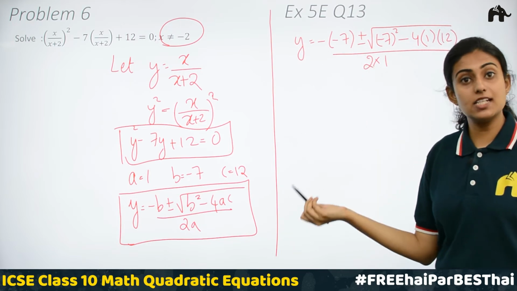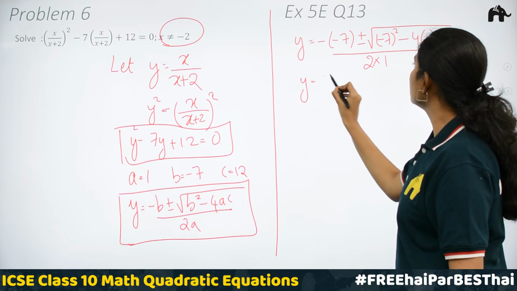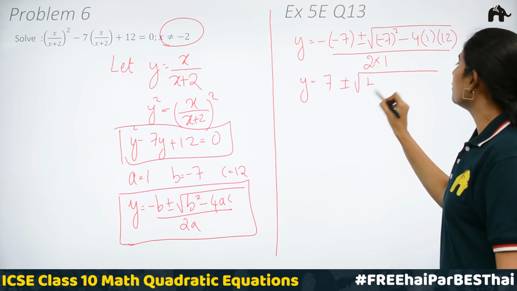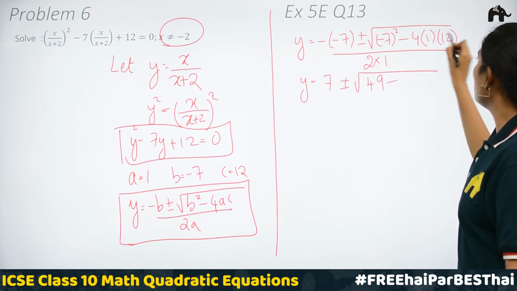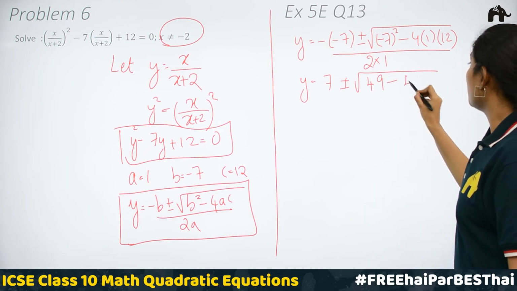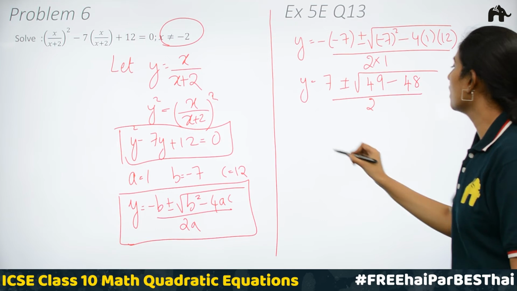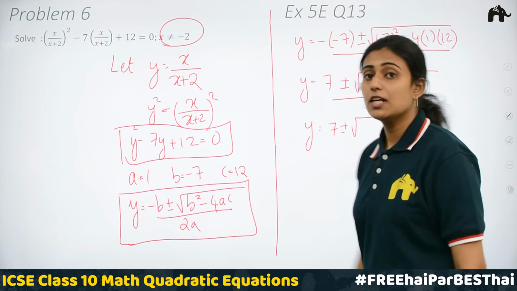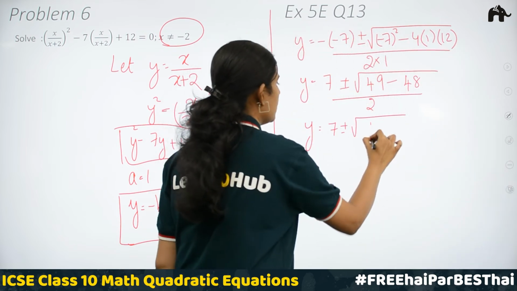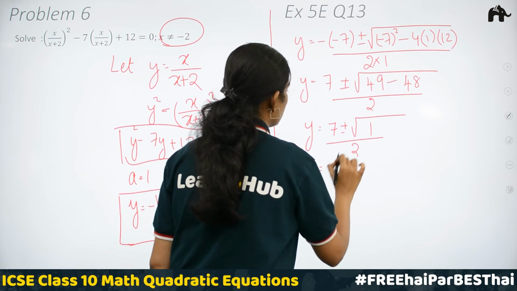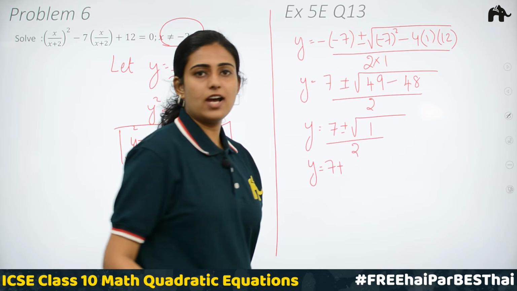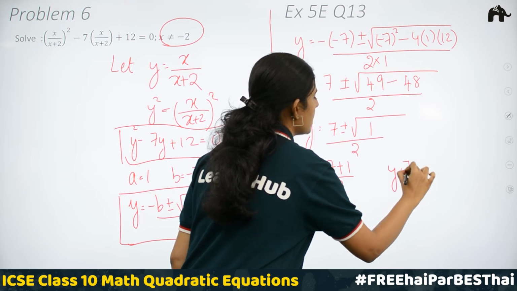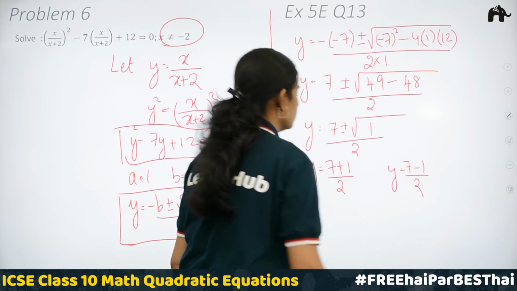Minus of minus 7 is plus 7. y is equal to 7 plus or minus root of 49 minus 48, divided by 2, which is 7 plus or minus root of 1 divided by 2. y is equal to 7 plus 1 divided by 2, or y is equal to 7 minus 1 divided by 2.